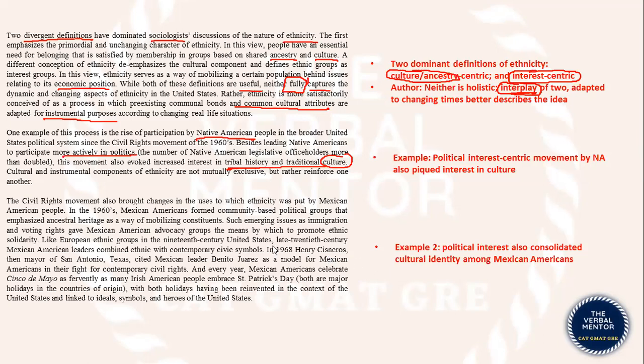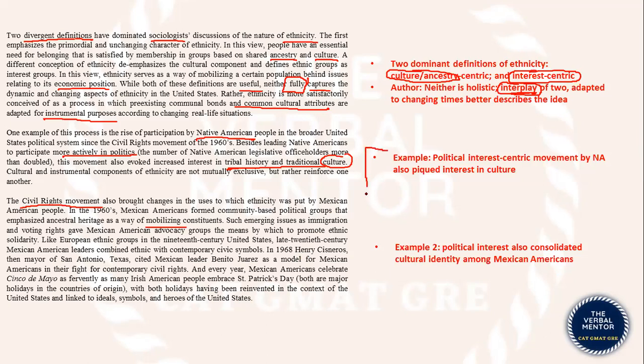So even they utilized the mobilizing movement, the civil rights movement, in order to define their culture better, or to consolidate the cultural identity better. And today they celebrate many festivals which are typically Mexican in the American context. So this is a broad overview of the passage.